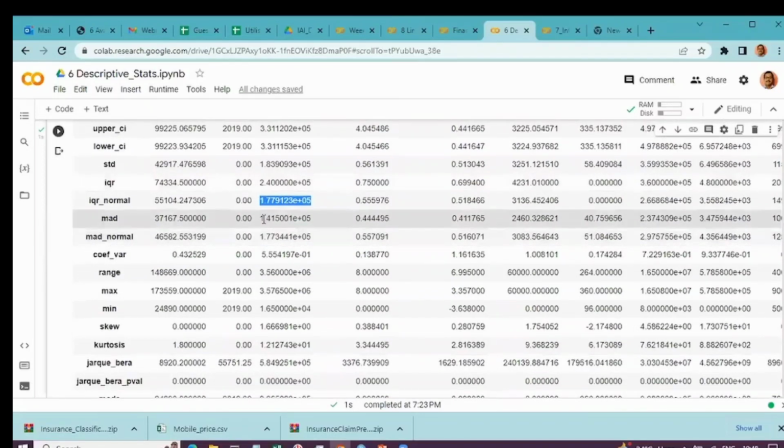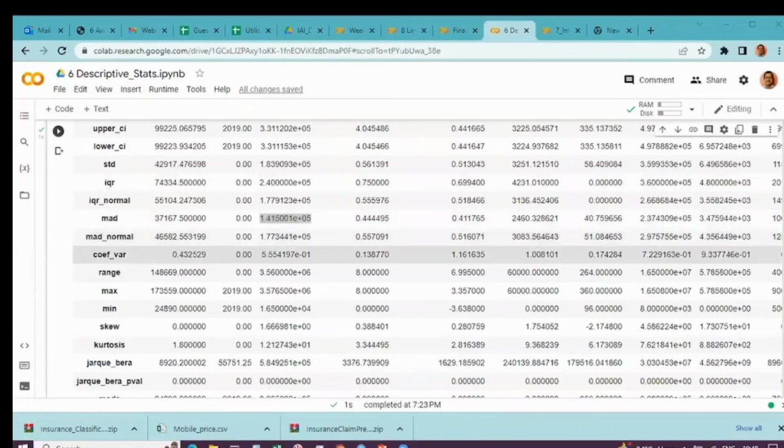Then the next measure that we are looking at is the mean absolute deviation. Mean absolute deviation is the same as the standard deviation, but instead of squaring, it takes the absolute value.